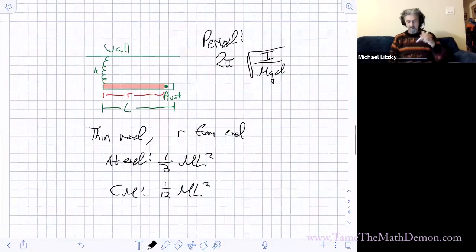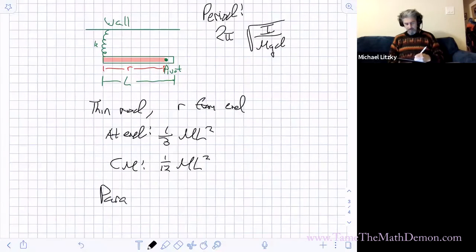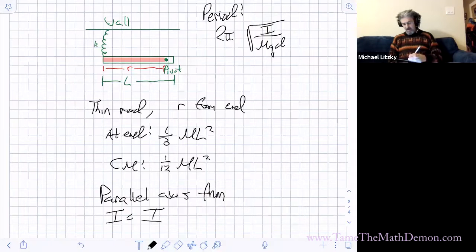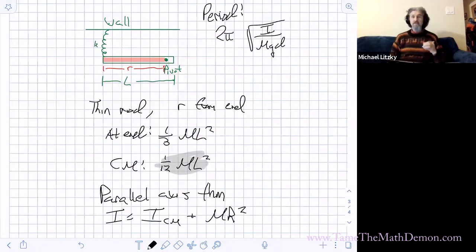But wait, there is the parallel axis theorem to the rescue. And you remember that says that the inertia is the inertia about the center of mass, which we do have, that's this one, plus mr squared, where r is the distance from our pivot point to the center of mass. And let's see, there is our pivot point right there.